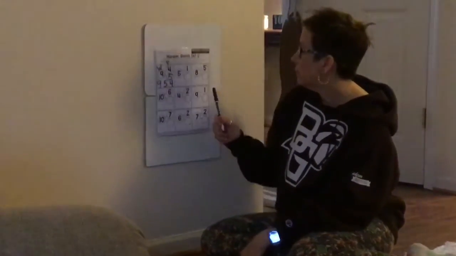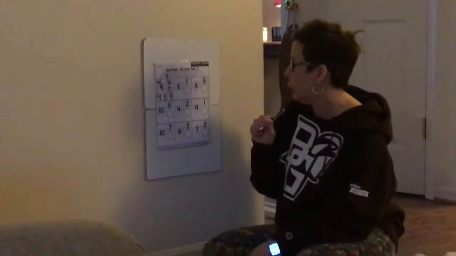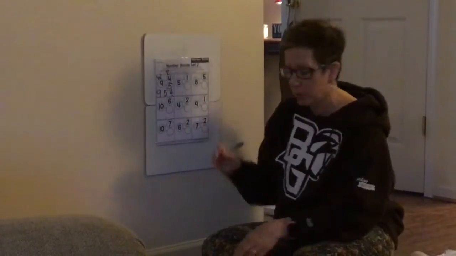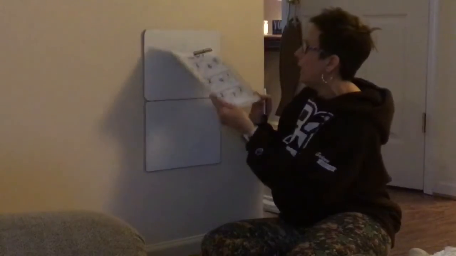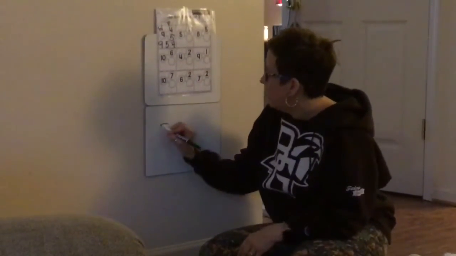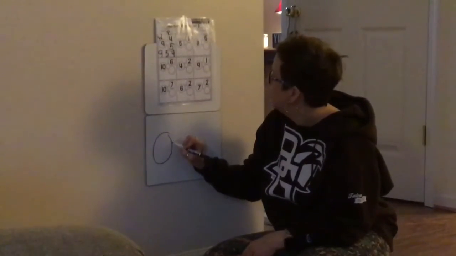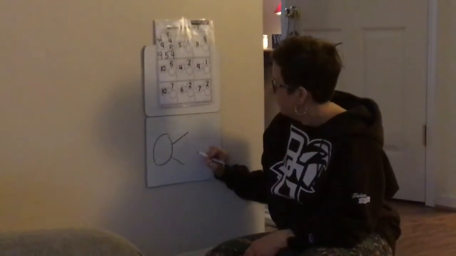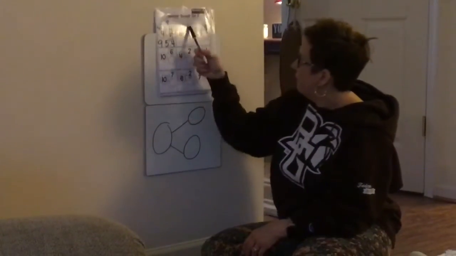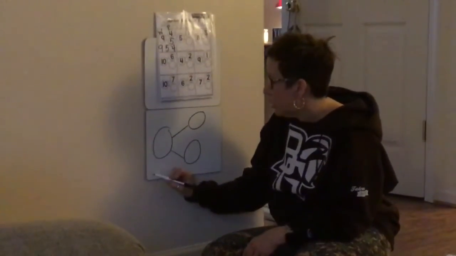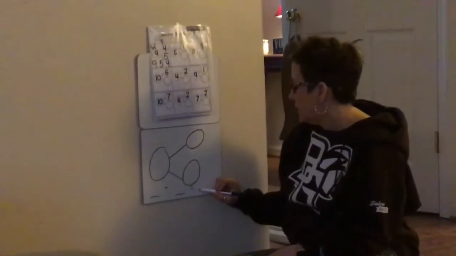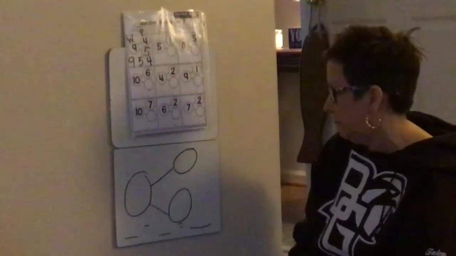So, I would like for you to do these next two on your own. How that's going to look for you guys is you're going to take your dry erase board, make the diagram, and fill in the numbers. Then I also want you to write me a number sentence as well.